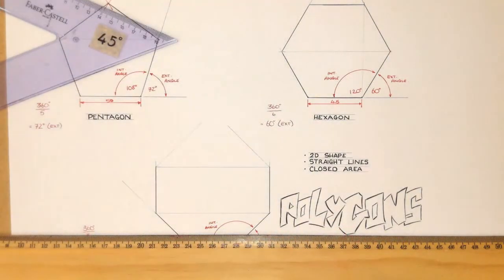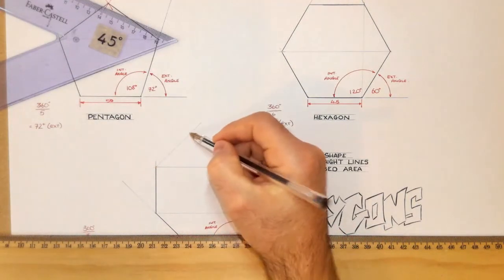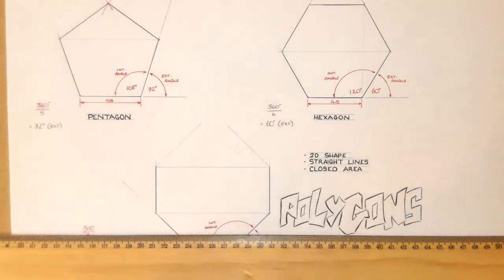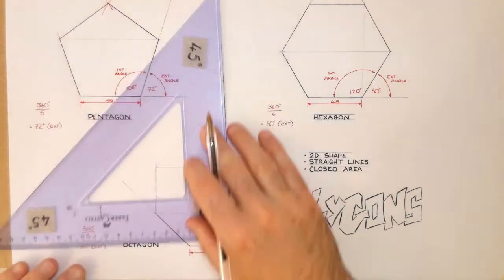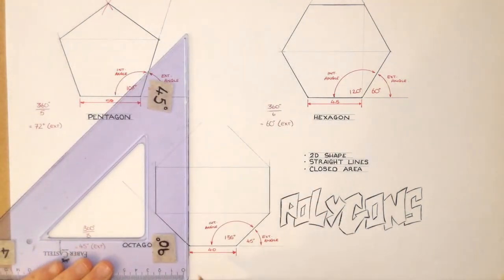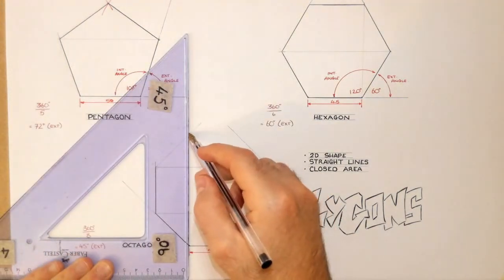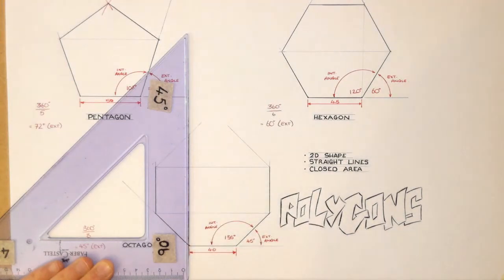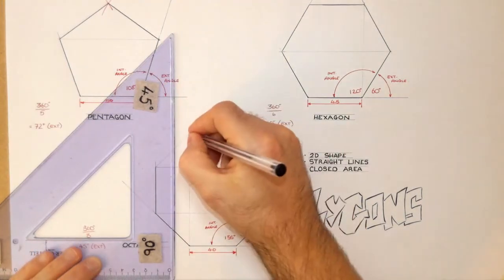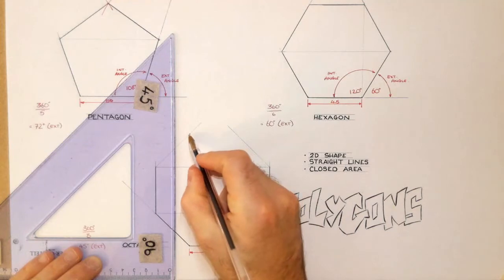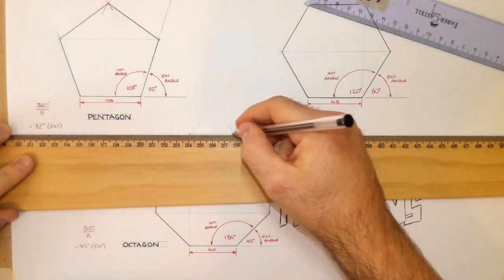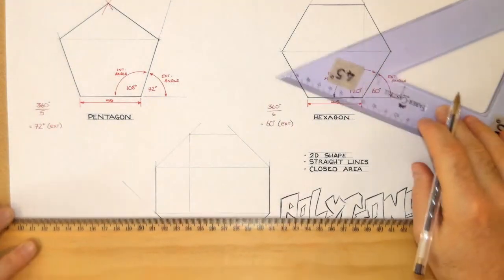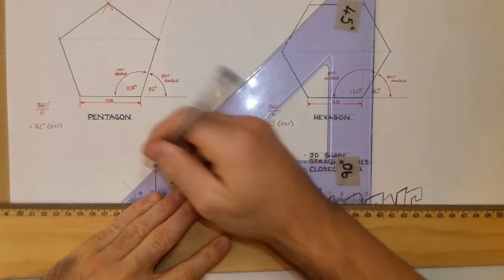Now to complete that, I could measure once again 40 and 40. However, it should match up with this line down here as well. So a little bit of a time saver here from this point here. Just do a line like that. Obviously it's a construction line, and at that point there it's going to go straight across. So send that across, and there we have it. So just once again, heavy that in.